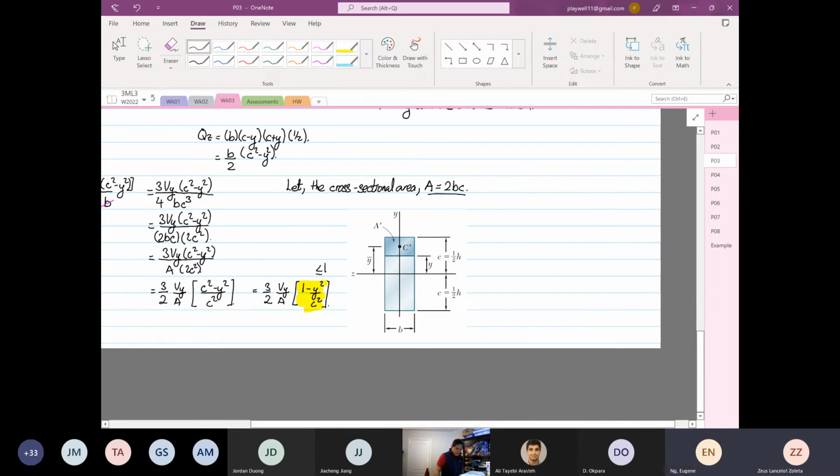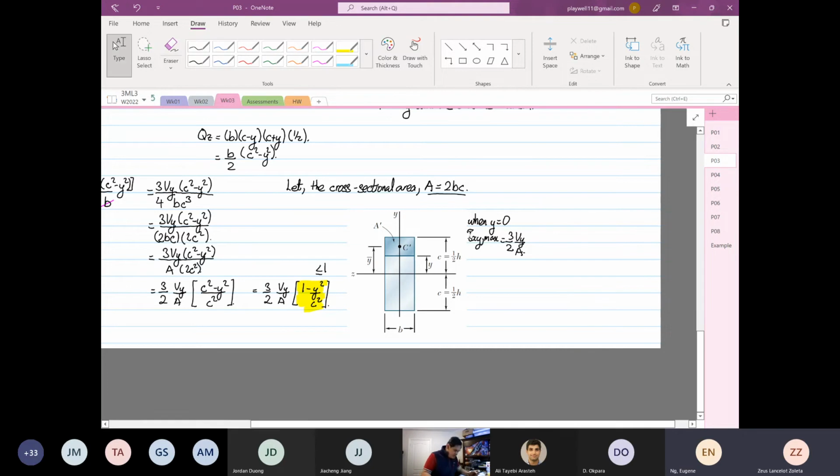And when y is equal to 0, we will have our shear xy max. So it will be equal to 3/2 Vy over A, i.e. at the centroid is where the shear is at maximum.